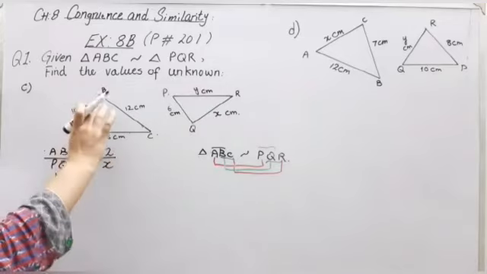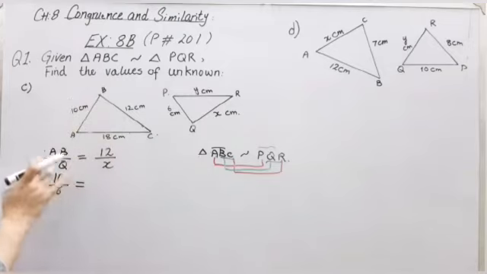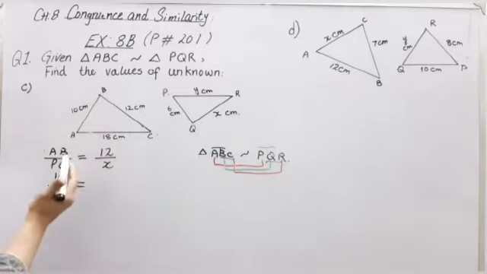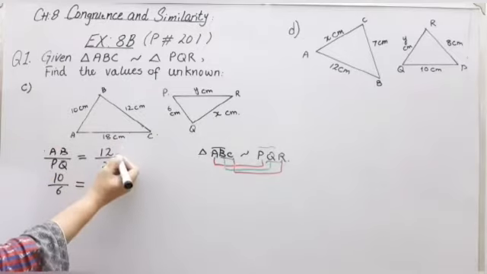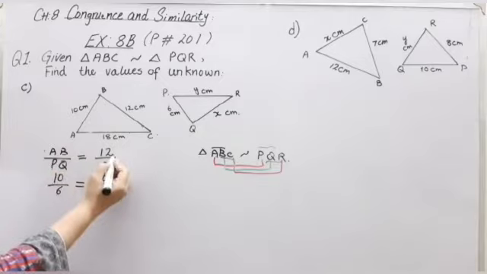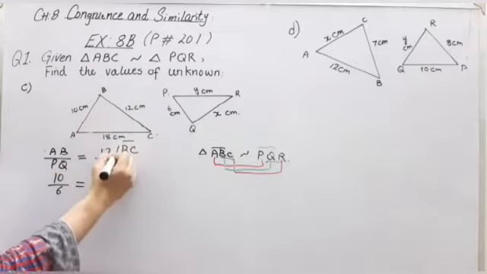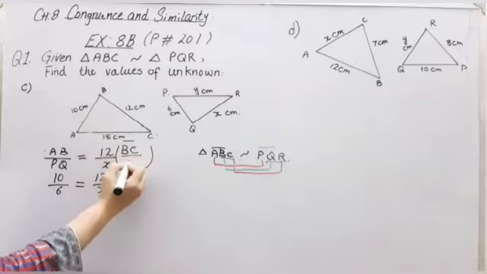So always take the bigger on the top, or the smaller on the top on both sides. In this way we get 12 by X. 12 is our BC, divided by QR.